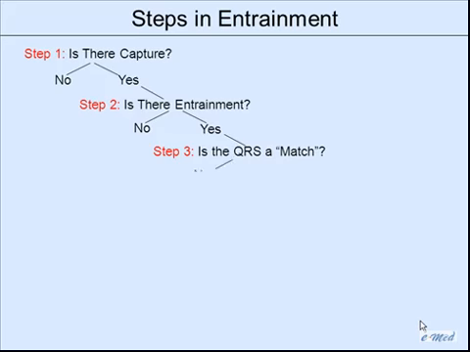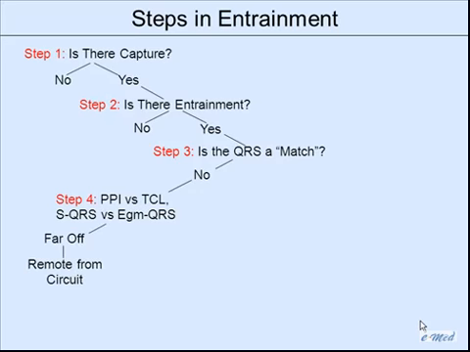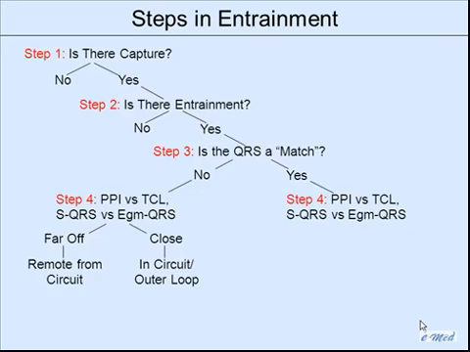If there is entrainment, you check for a match with the QRS. If not, there's still useful information there, because if your post-pacing interval is very far off from your tachycardia cycle length, or the electrogram to QRS is very far off, you're remote from the circuit. But if these are very similar, then you're close to the circuit and probably in it but in an outer loop. So you're not too far physically from it.